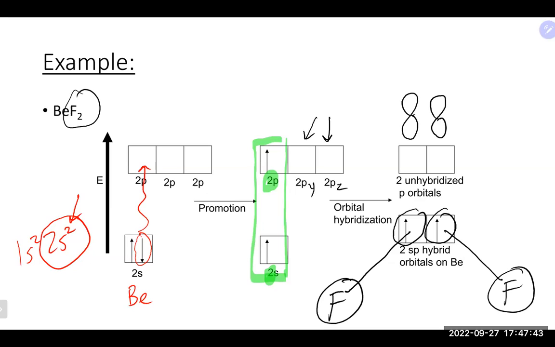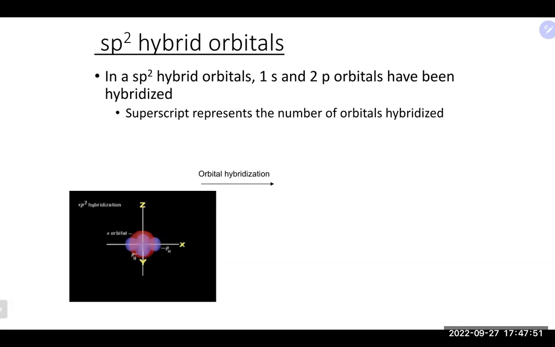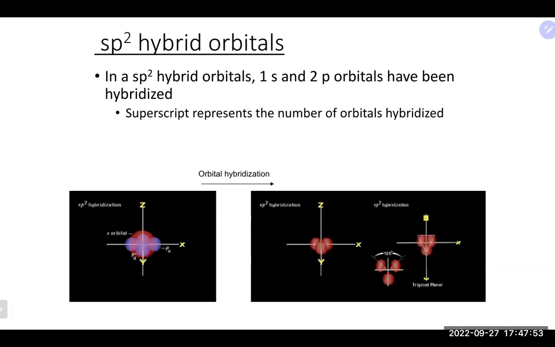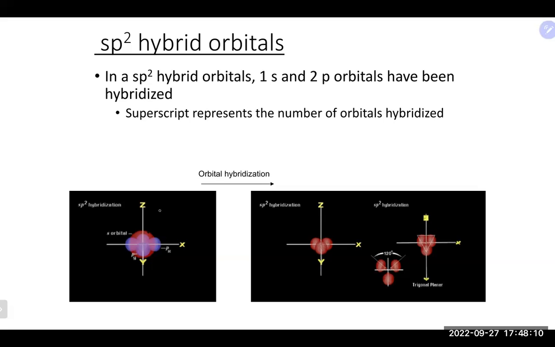The next type of hybridization that we'll talk about is sp2 hybridization. And much like the name implies, we're going to take 1 s orbital and 2 p orbitals and hybridize them. There is our s orbital, our p orbital, and our other p orbital coming out that way.